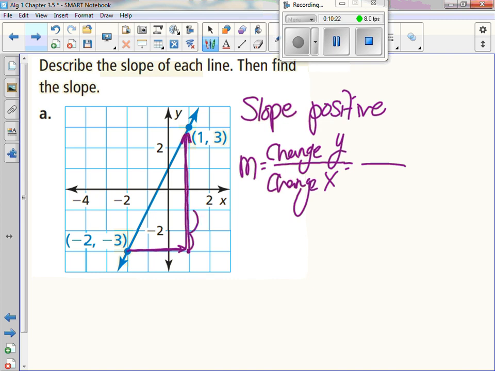Well, that'd be 1, 2, 3, 4, 5, 6. Let's see how far it went to the left and right. It went 1, 2, 3. The change in x would be 3. The change in y is 6. Would y'all agree with this? Well, 6 divided by 3 would be 2, wouldn't it? Yeah. 6 divided by 3 would be 2.